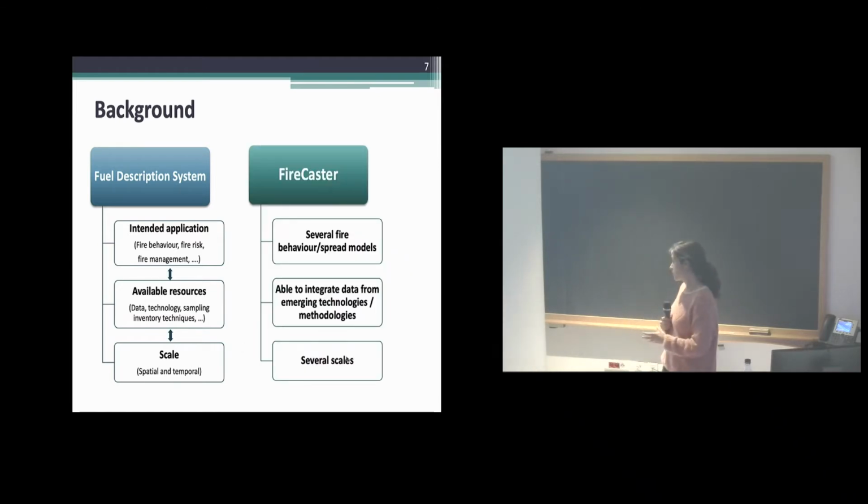On the other hand, we have the requirements of the Firecaster project. We have seen the presentation of Patty this morning, that this is a very flexible system. So the vegetation parameters should be able to match several fire behavior models, and the system should be able to integrate data from several sources and work at several scales.